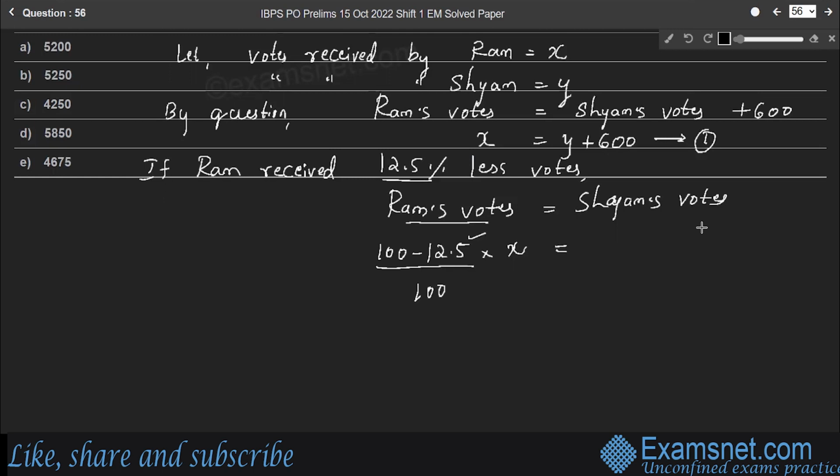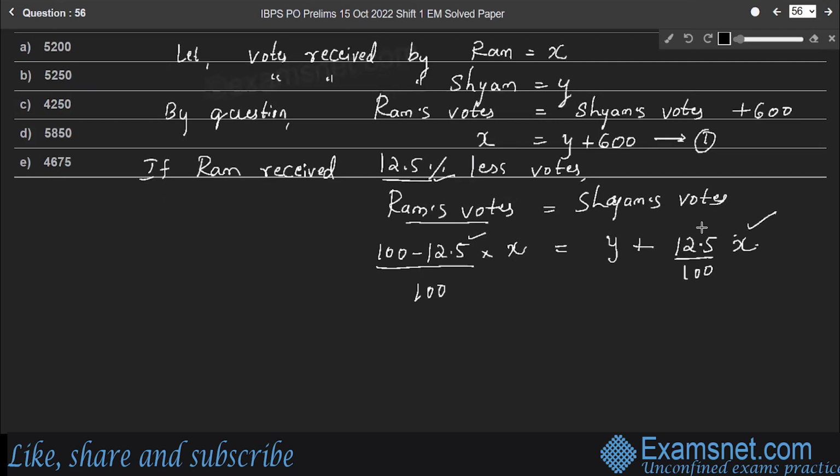This 12.5% of votes will go to Sham. Therefore, Sham's votes will be Y, his original votes, plus 12.5% of X, that is 12.5 by 100 into X. So this is actually Ram's votes.